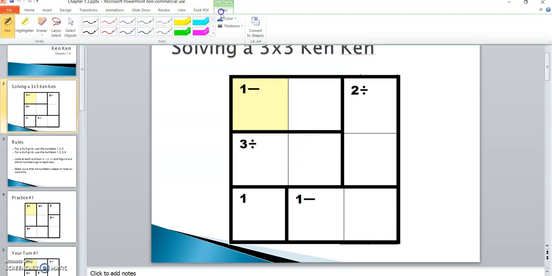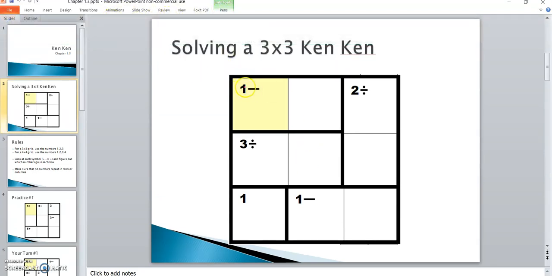So you'll also notice that there are numbers in each of the rectangles and a symbol. So there's a takeaway, a minus sign, a divide sign, and in other ones we might have a plus or a times.